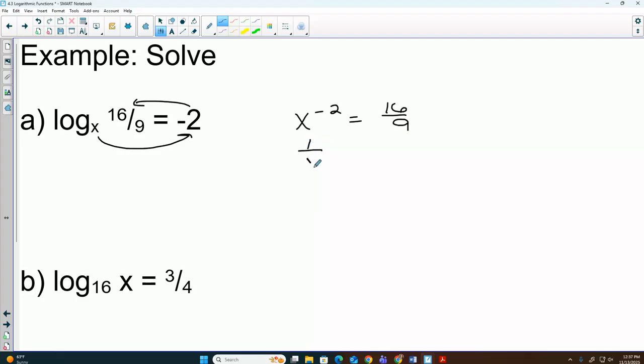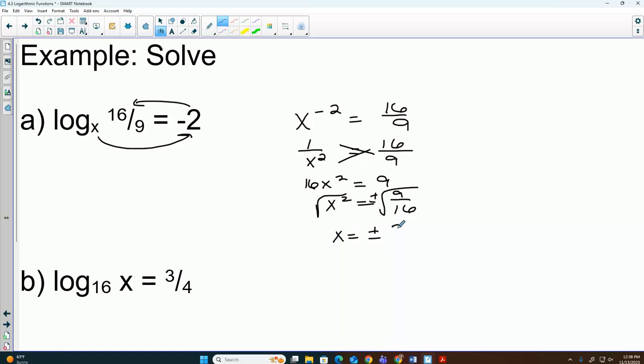Negative, we take it down to the bottom. So x to the negative 2 is the same as 1 over x squared. How would we solve this? You can multiply by the reciprocal, you can cross multiply. X squared is 9 over 16. Square root, plus and minus, so we get plus and minus 3/4.